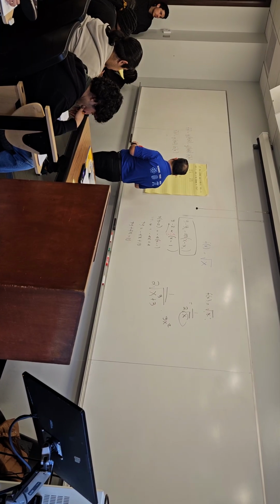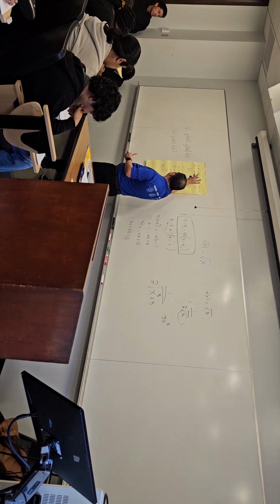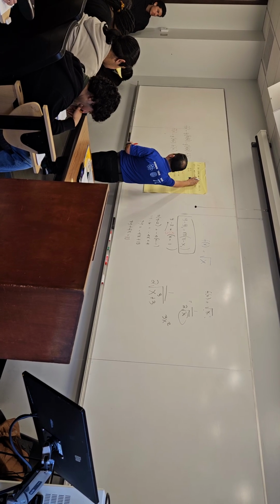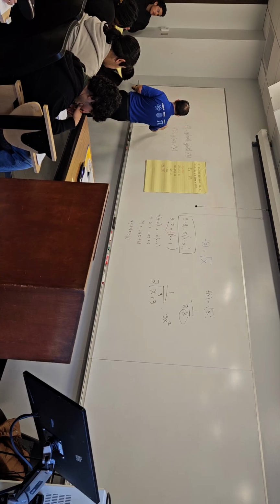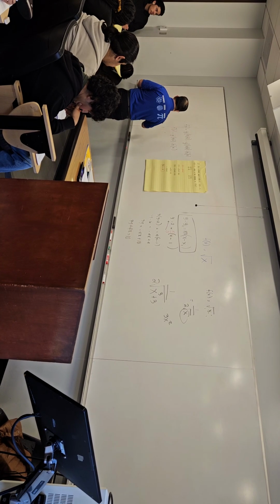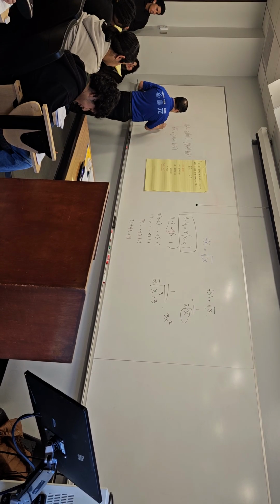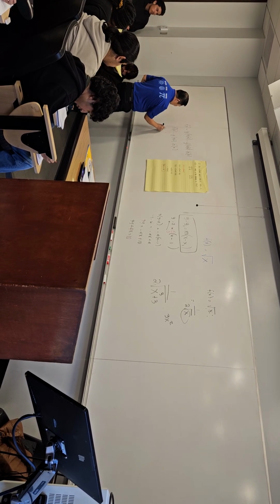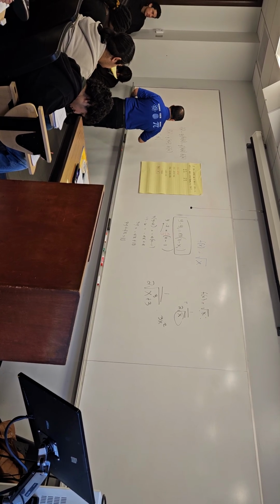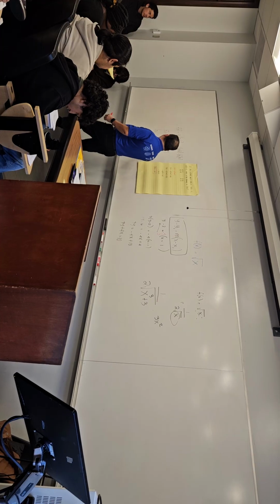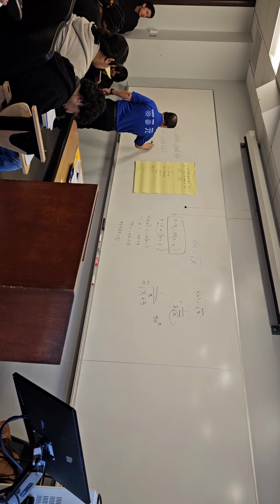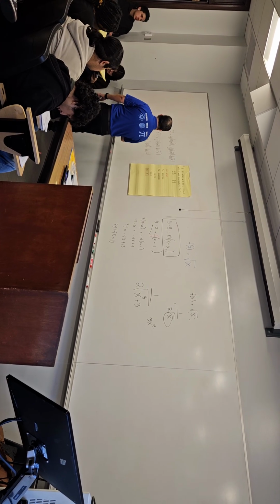What is that condition? First, you have to plug in h of x. What is h of x? h of 2. That means f prime of 2 is g prime of h of 2 times h prime of 2.